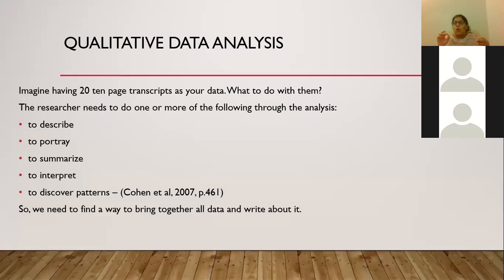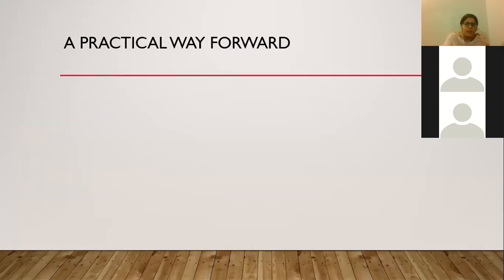Or all the people from master's background, all the people who are from MA side, they are answering differently, and all the people who are from BS side are answering differently. That's a pattern. So in order to accomplish that, we need to find a way to organize our data, to analyze our data. How exactly do we do it?